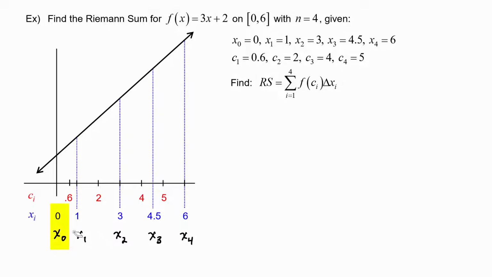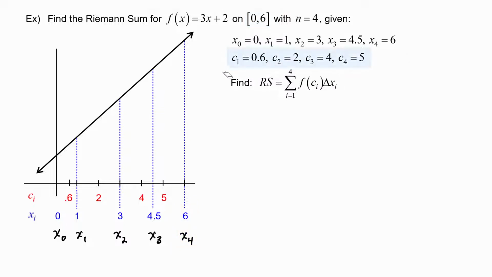Remember that x0 is always the left point of the interval, and that was 0 because our interval went 0 to 6. And xn, which in our case is 4, so x4 is equal to 6, which is the right endpoint of the overall interval.